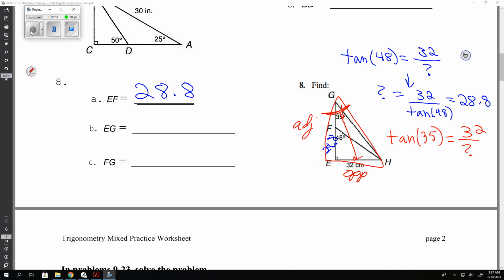So again, the question mark's in the bottom, so we switch. 32 divided by the tangent of 35. So we get 45.7, yes? So 45.7, so that's EG.